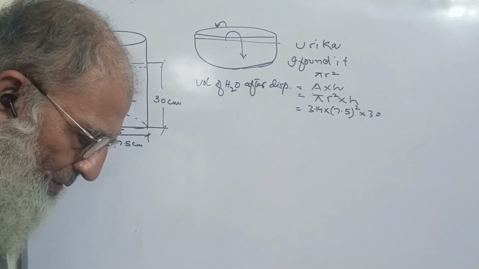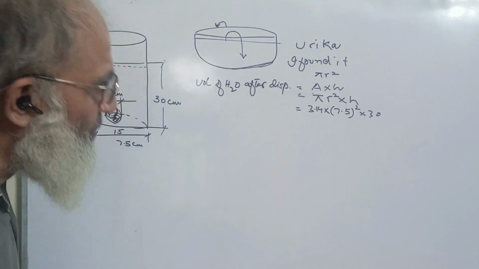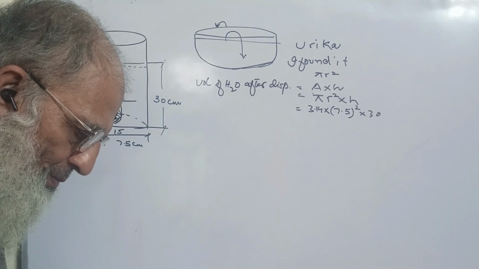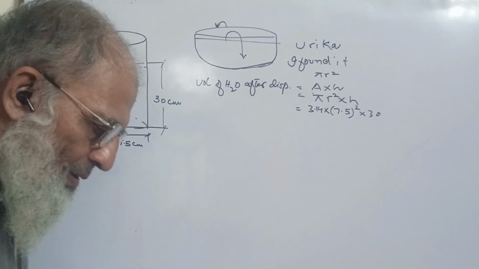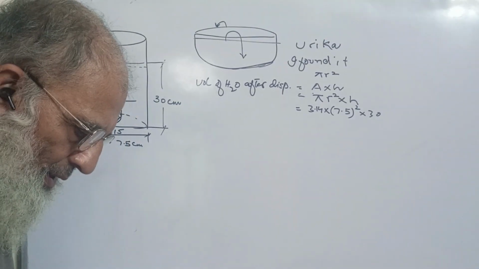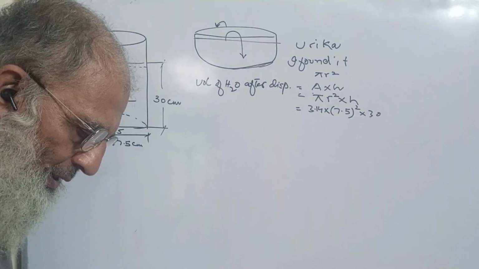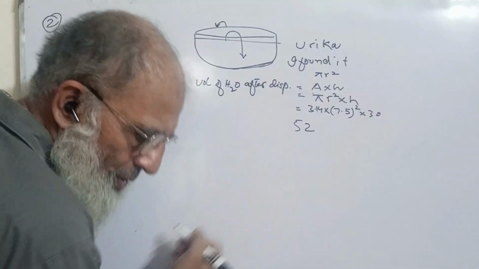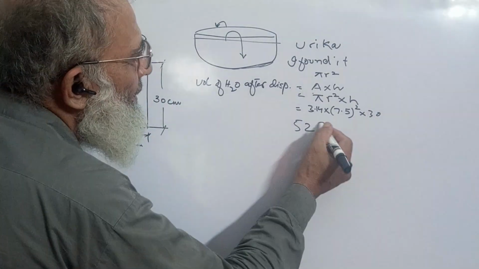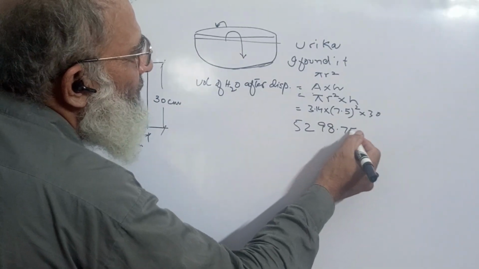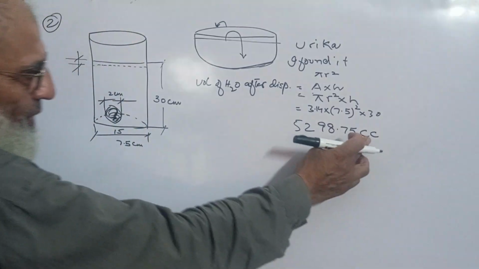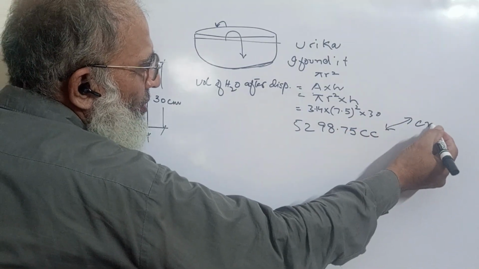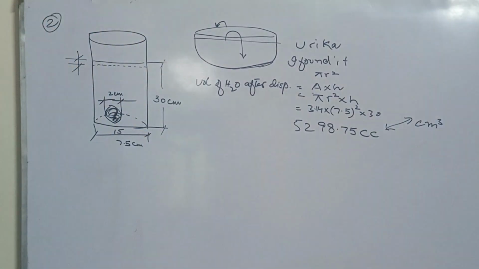It is 3.14 multiplied by 7.5 square, multiplied by 30, which is equal to 5298.75 cc. Now cc means cubic centimeter, one and the same.